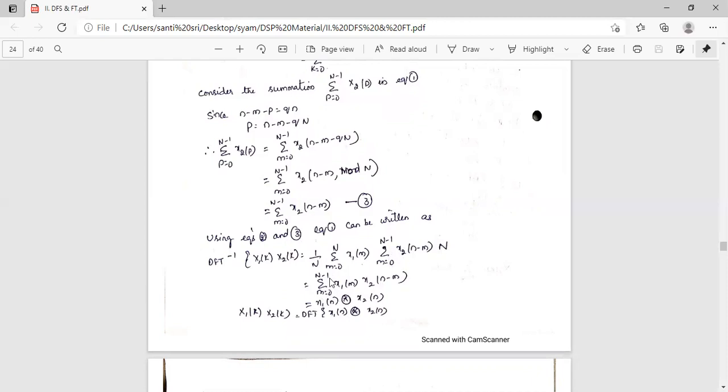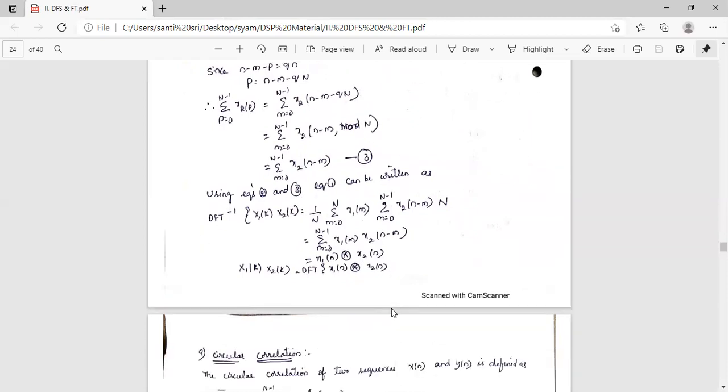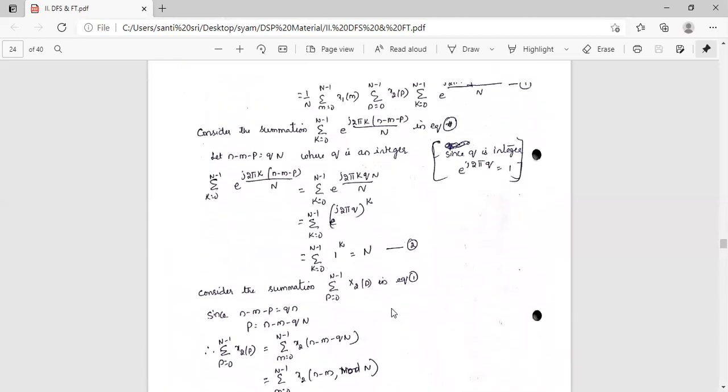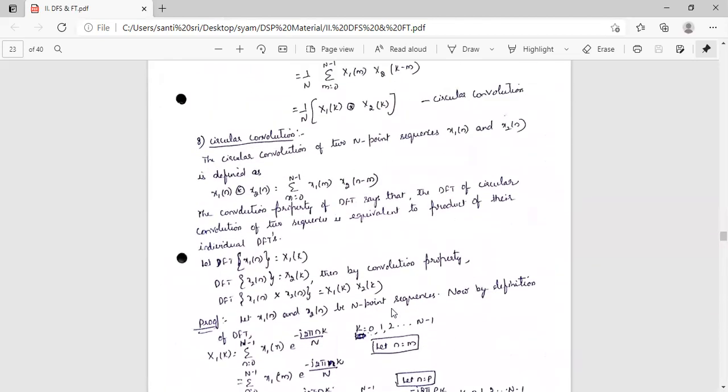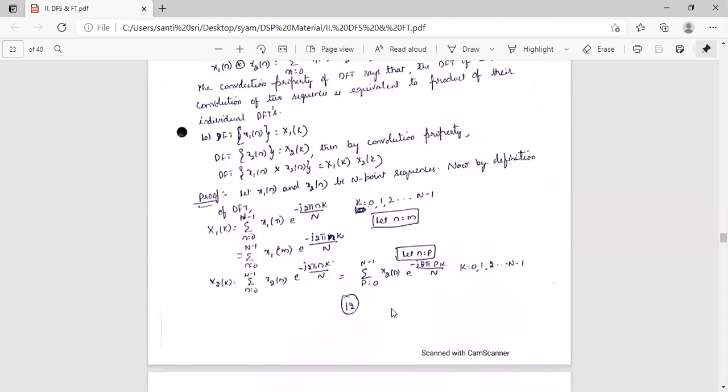Here N and N get cancelled. So this is nothing but x1 of n circularly convolved with x2 of n, so that the product of x1 of k and x2 of k is equal to the DFT of x1 of n circularly convolved with x2 of n. Okay, this is about the circular convolution property.